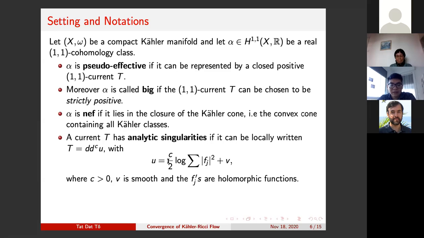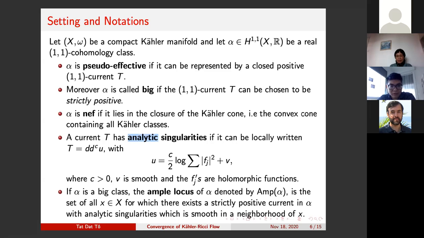Okay, so here you can see that the singularity should develop inside the intersection of the zero sets of the holomorphic functions f. So it is called analytic singularities because the singularity develops from holomorphic functions.